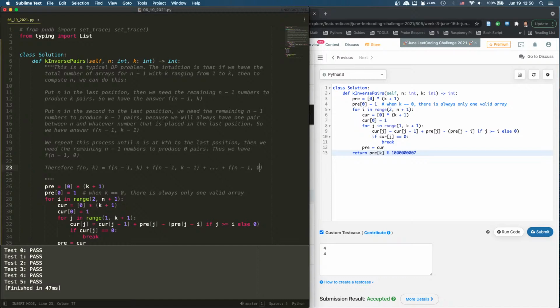It's at the max of 0 and n minus k, right?